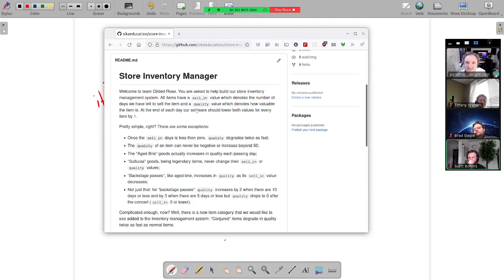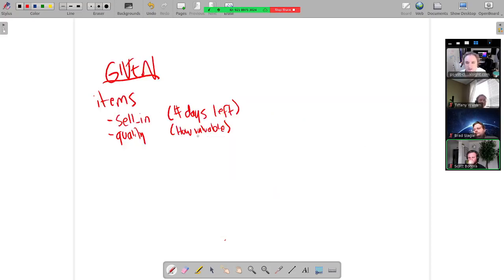At the end of each day, our software should lower both values for every item by 1.